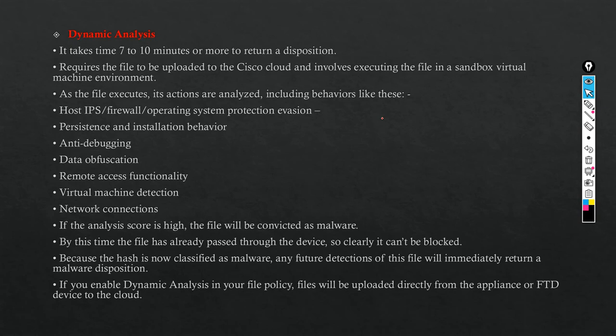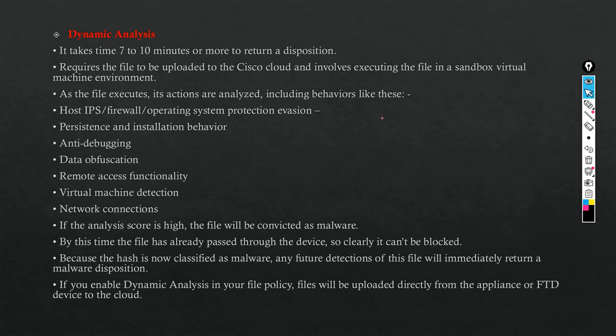If the analysis score is high, the file will be convicted as malware. Simple. By this time, the file has already passed through the device, but clearly it can be blocked from now on, because the hash is now classified as malware after the analysis. So the hash will be updated from the AMP cloud to the FMC. Any further detection of this file will immediately return a malware disposition.